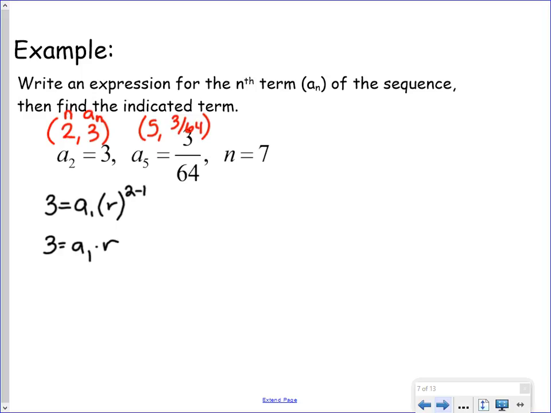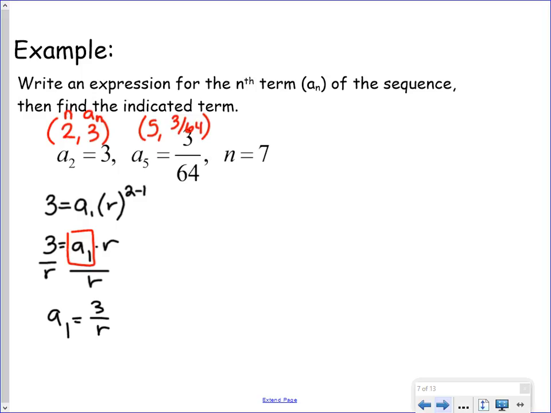Now, that doesn't really help me out, but what I can do is solve for one of those variables. I generally solve for a sub 1, so I try to get a sub 1 all by itself, because in some cases r might have another exponent besides 1. So I'm going to divide both sides by r, so I know my very first term, a sub 1, is equal to 3 divided by r.